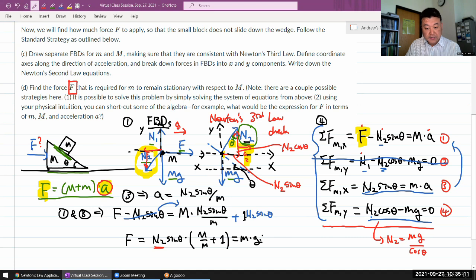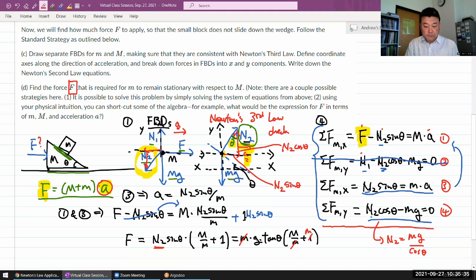Let me write that as tangent theta, and times big M over small m plus 1. And if you really want to simplify, you can simplify it a little bit. If I distribute the small m in, then I get, cancel this out, and this becomes small m.